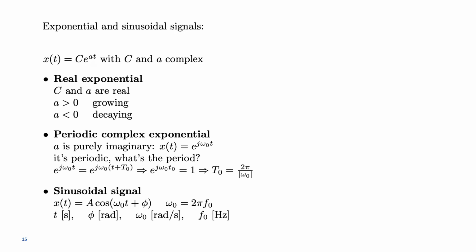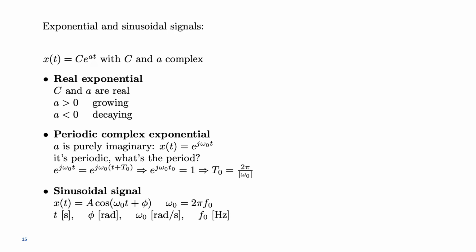Then we have yet another case, which is the case of a sinusoidal signal. This is a special case. It's apparently different than the two above, but we will soon see how these are related. So a sinusoidal signal, which we're all familiar with, could be written as x of t equal a cosine of omega 0 t plus phi.